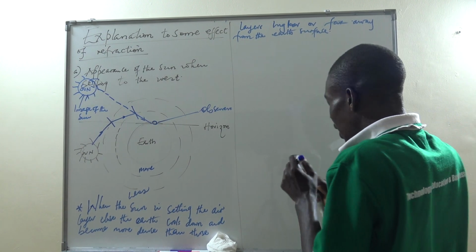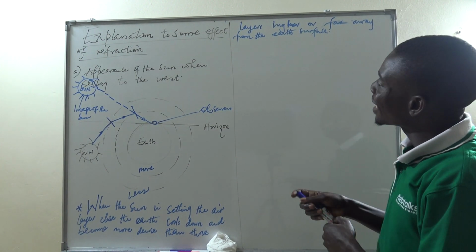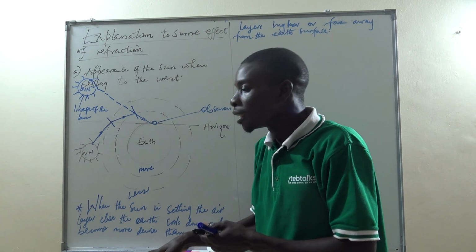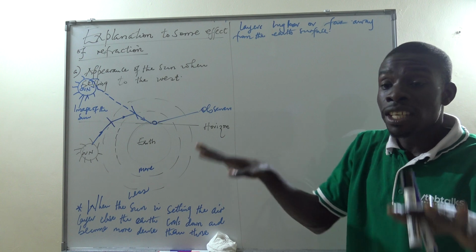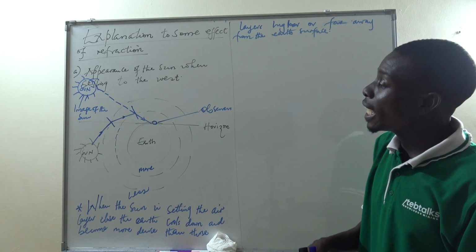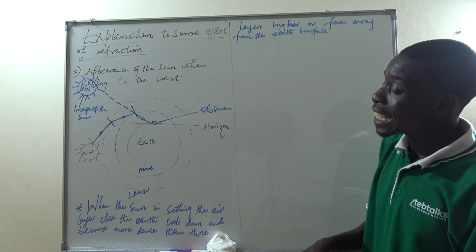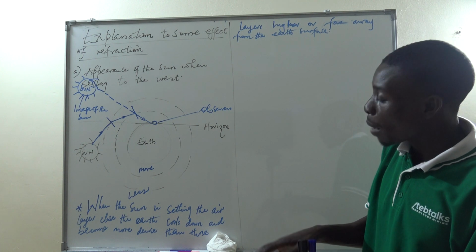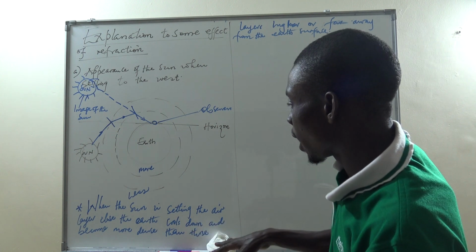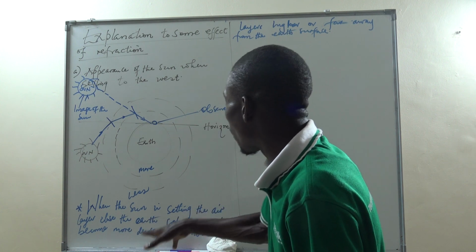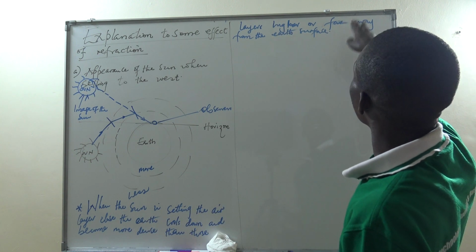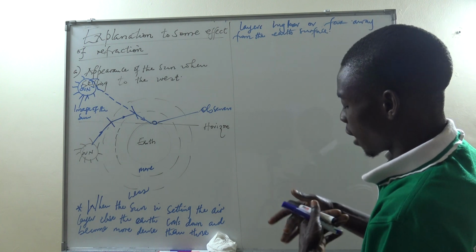Okay? That when the sun is setting, the air layers next to the Earth's surface cool down, and when air layers cool down, they become more dense. Okay?